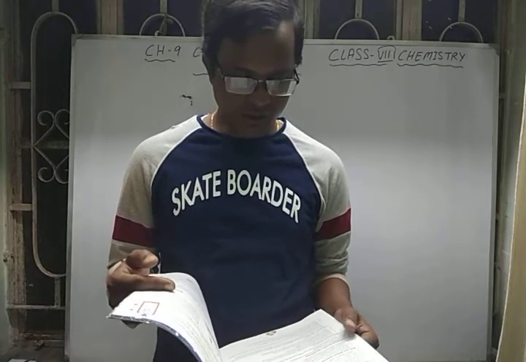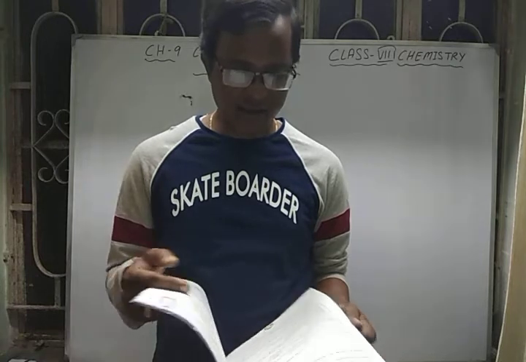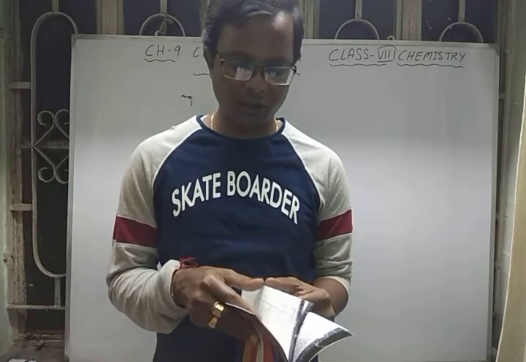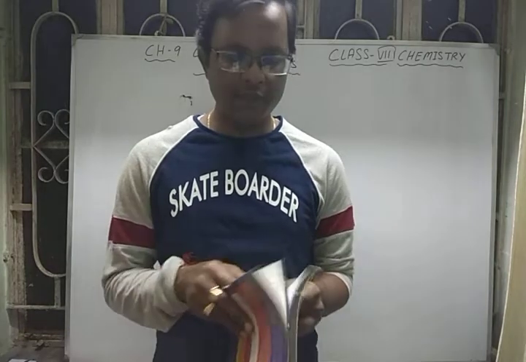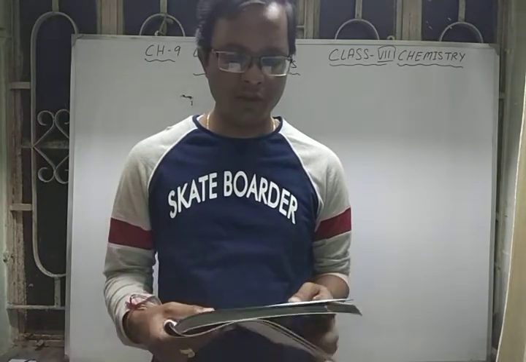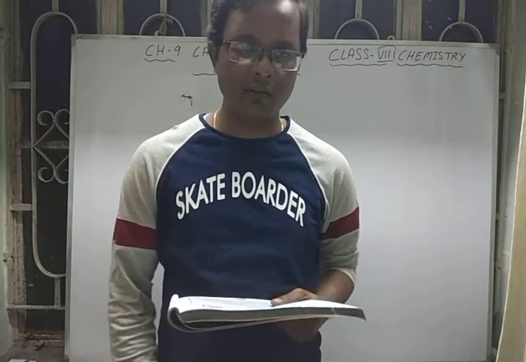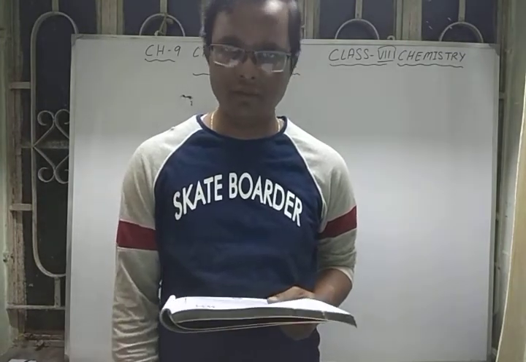Write a short note on the liquid carbon dioxide fire extinguisher. This is the last type of fire extinguisher. In this fire extinguisher, generally liquid carbon dioxide is stored inside the cylinder under a high pressure.